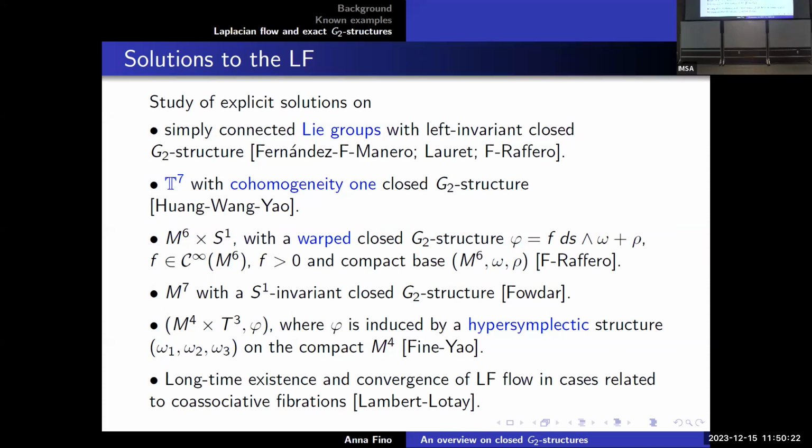There are solutions on the group, on a 7-dimensional group with homogeneity 1. This is a nice result because it is saying some sort of convergence. The convergence is to the flat metric on R^7, essentially.